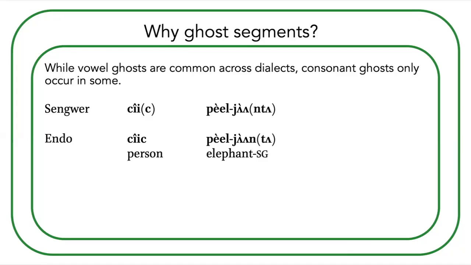I find this very convincing about the ghost segments, and thanks for giving a ghostly talk during our Halloween month here. One of my questions was going to be whether you did find a tone as a ghost, not segment, but a super segment, but you did mention that's a subject for future research. In addition to tone, you might see whether just simply the ATR feature might occur as a ghost.